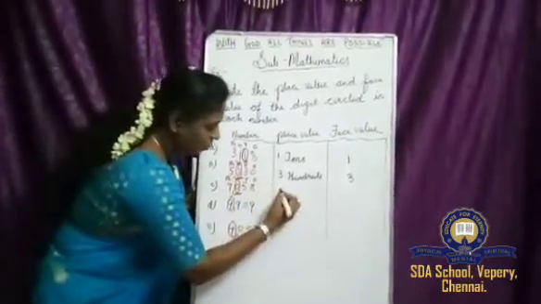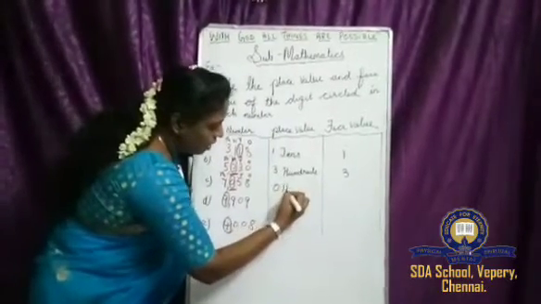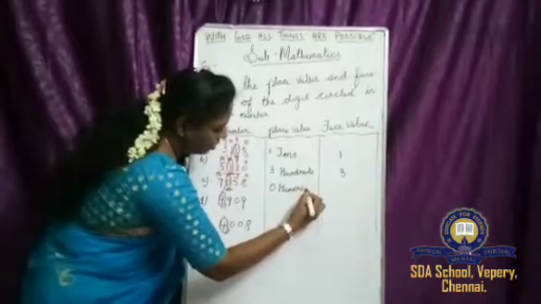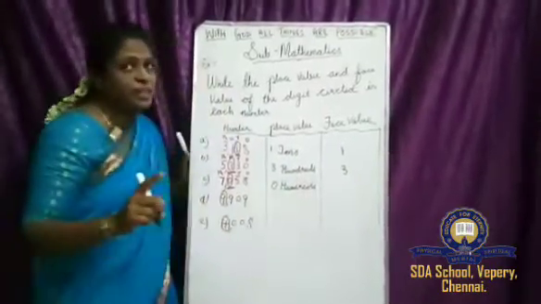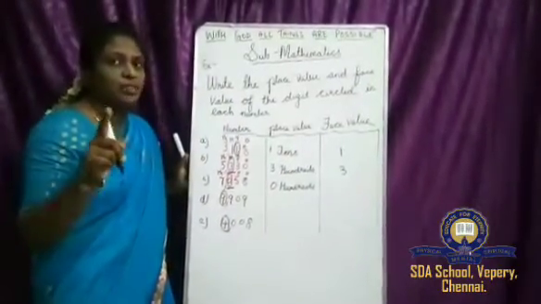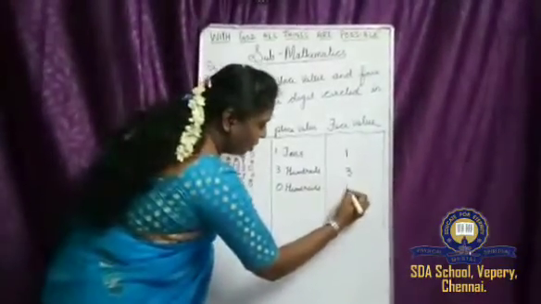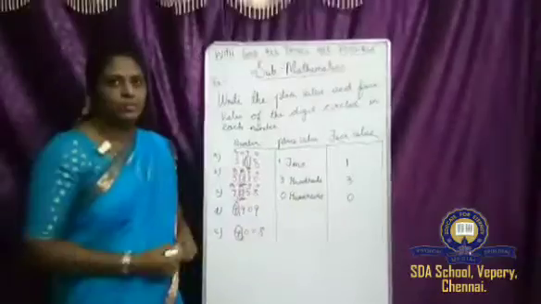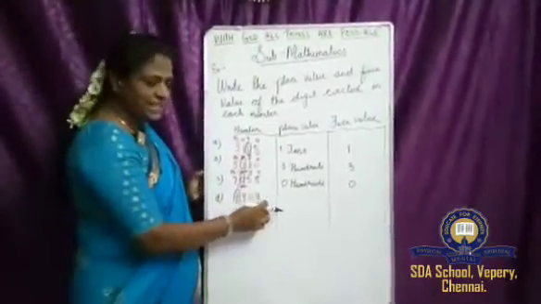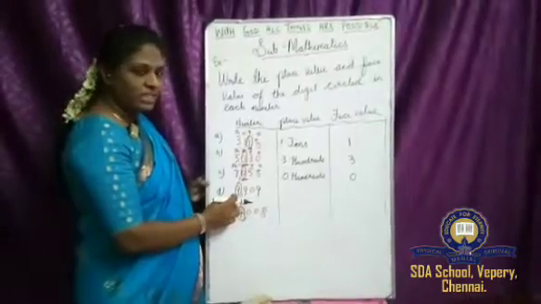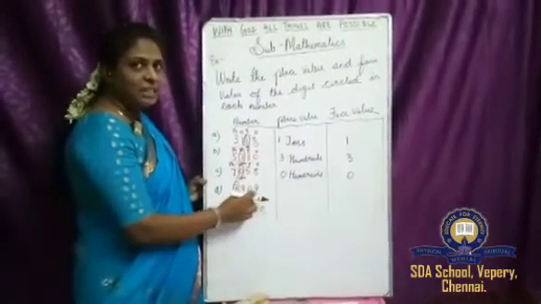So write 0 hundreds. So what will be the face value? The face value will be the same, 0 itself. Now come to the next number. Here read the number: 9,909.